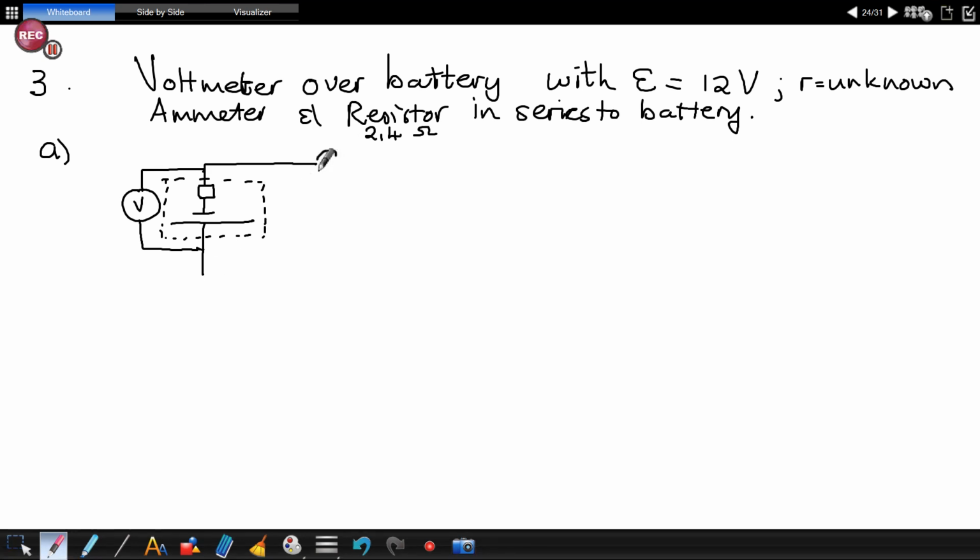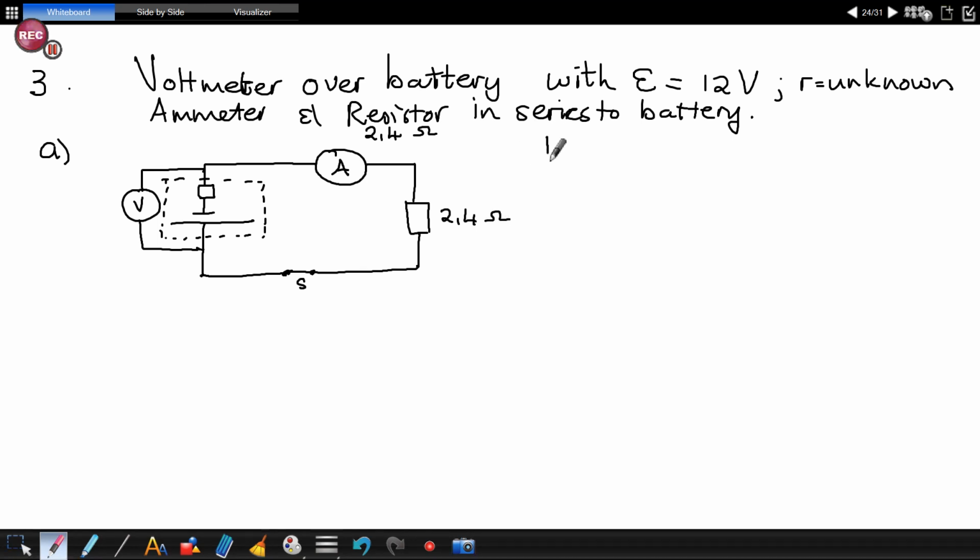There is an ammeter and a resistor. And should I put a switch into the circuit? No. Not? Because what are they saying? Don't they say in question D, what will the reading on the voltmeter be if one of the terminals of the ammeter is disconnected? Oh, so I don't have to put a switch in here. All right. I would like to put a switch in there. Okay, so this resistor is 2.4 ohms.